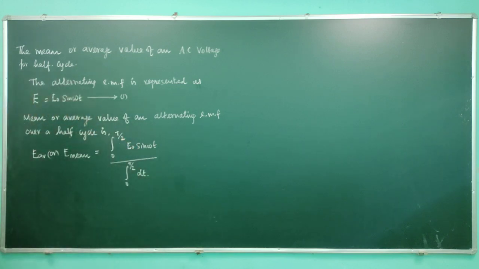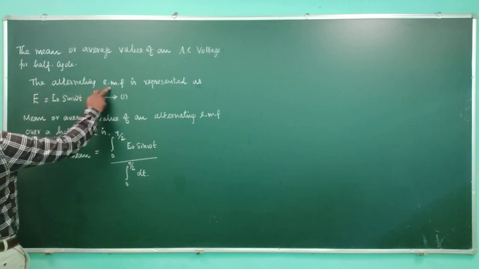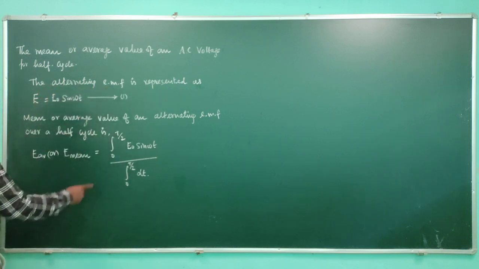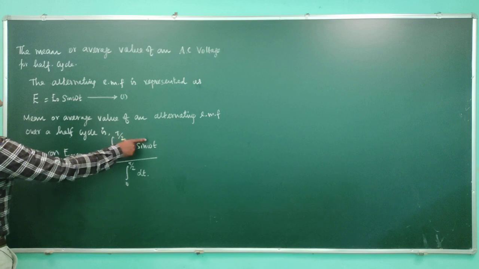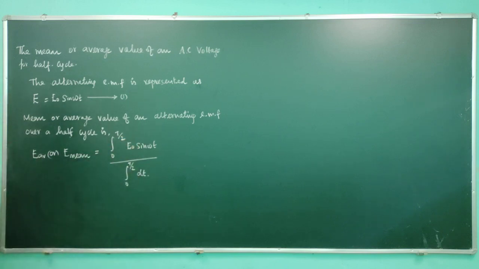So we have to integrate the alternating EMF for half cycle and divide that value by the integral over half cycle of dt.